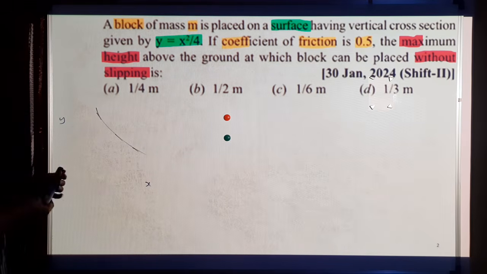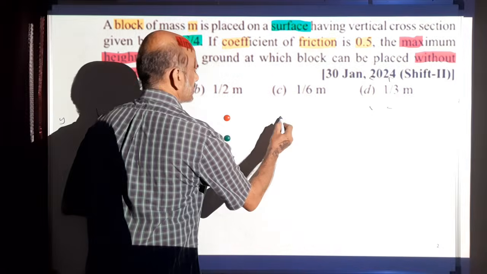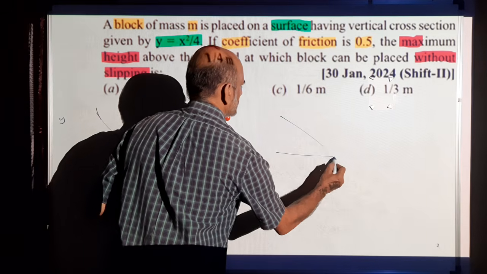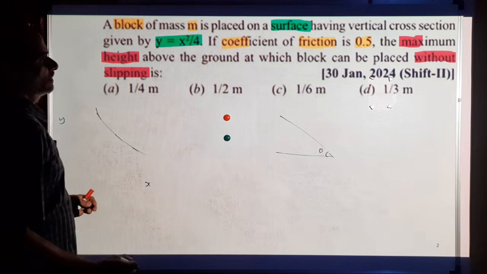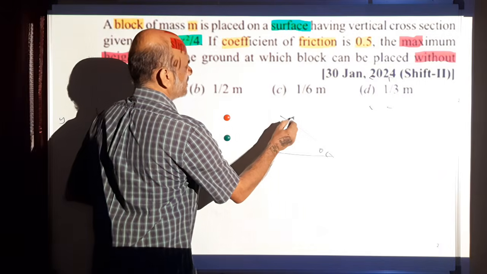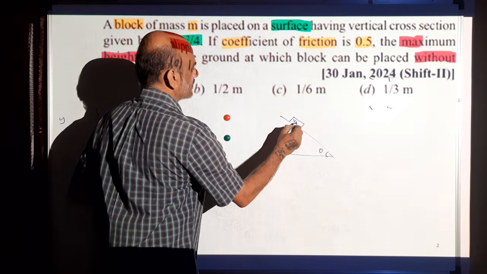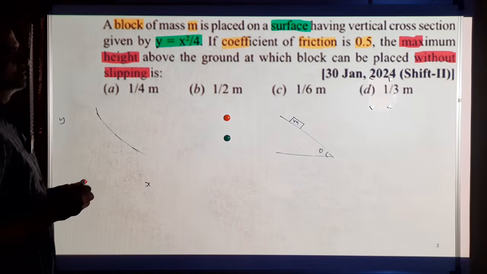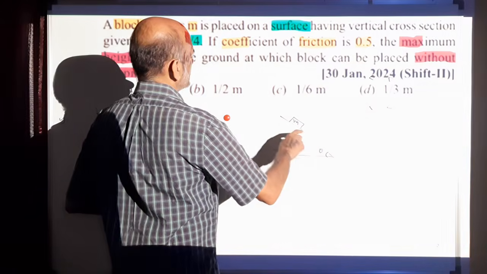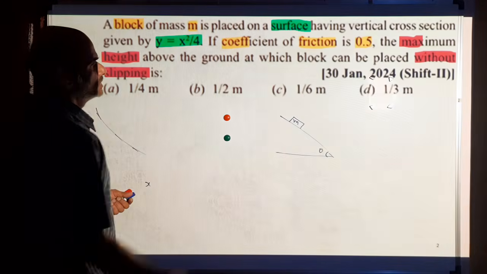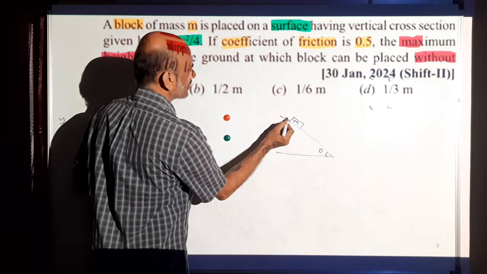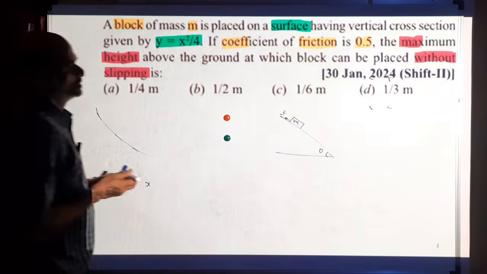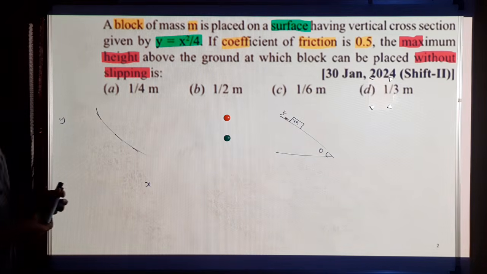For an inclined plane, say at an angle theta, when the mass is placed, if the angle is too high, then the block will try to slip down. So the friction force will be upwards. So it's just about to slip.